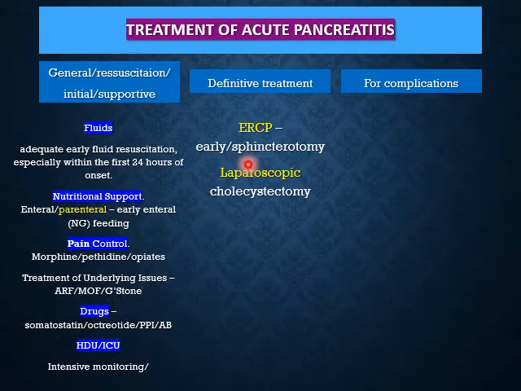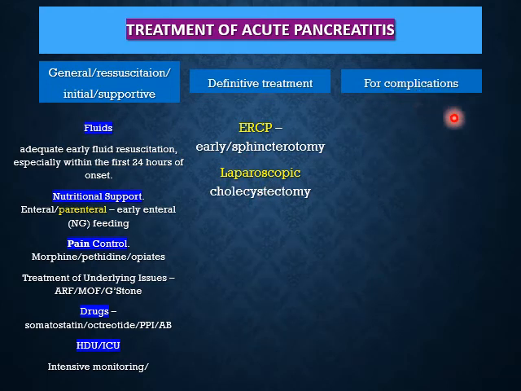Okay, the next group of treatment is the definitive treatment, which involves ERCP and early sphincterotomy if gallstones are detected in the CBD. And this is then followed by laparoscopic cholecystectomy. ERCP must be done as early as possible to remove the stone, and laparoscopic cholecystectomy is usually done before the patient is discharged.